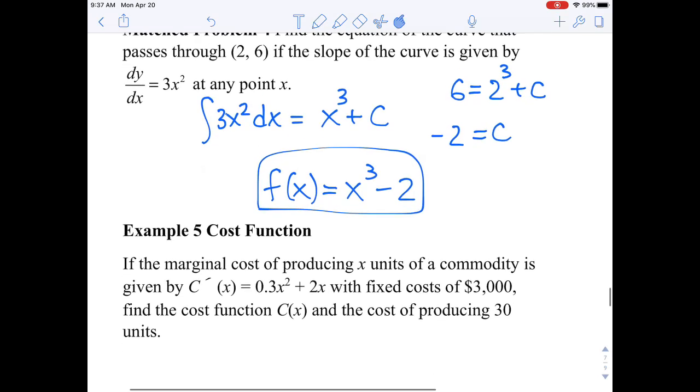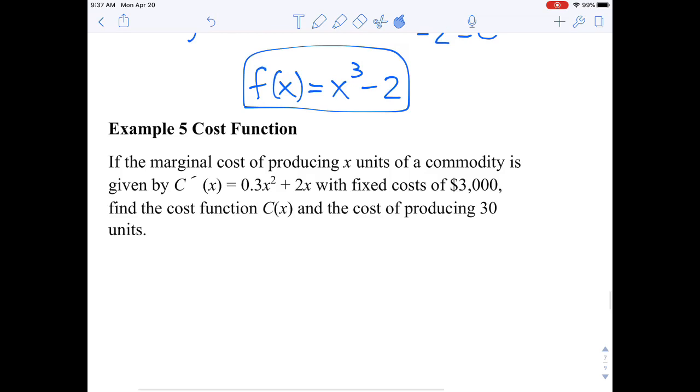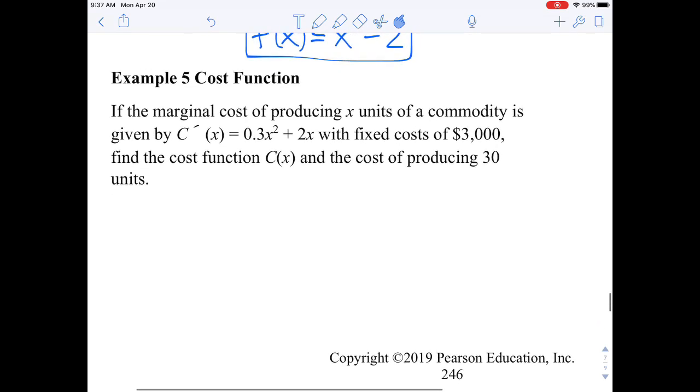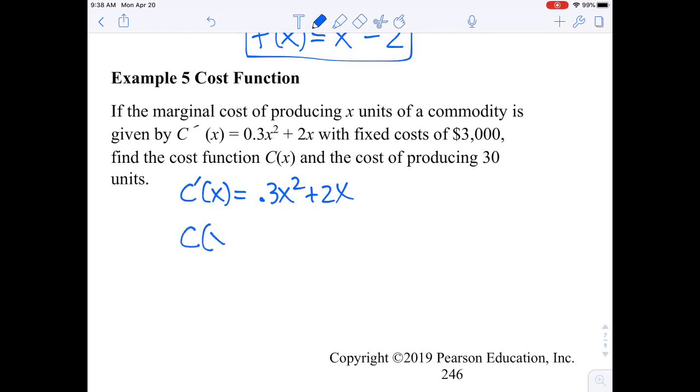Okay, now to do some applications. The marginal cost is given with fixed cost of 3,000. Find the cost function and the cost of producing 30 units. So if I know the derivative is this, we can find our original function.